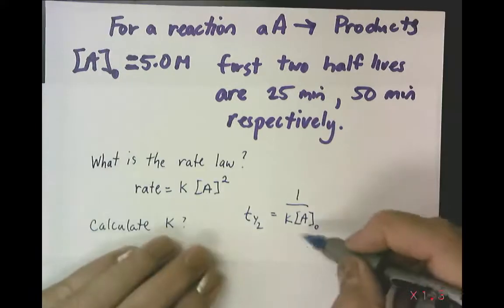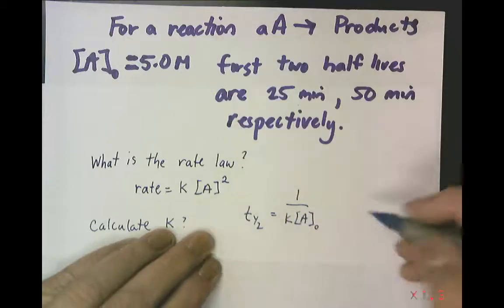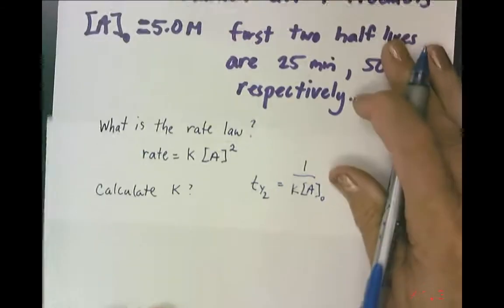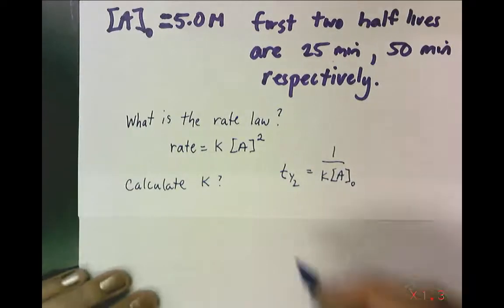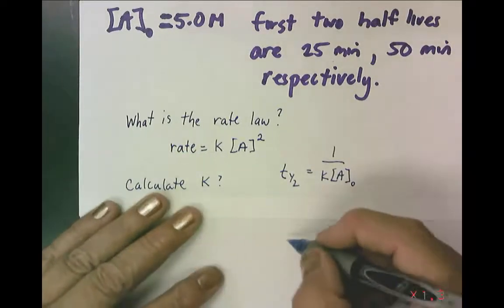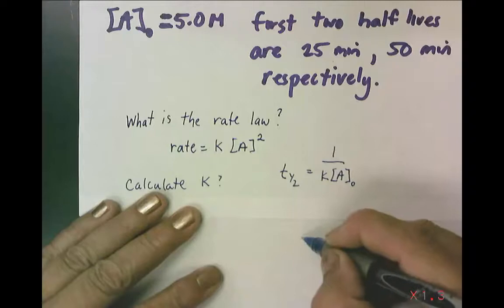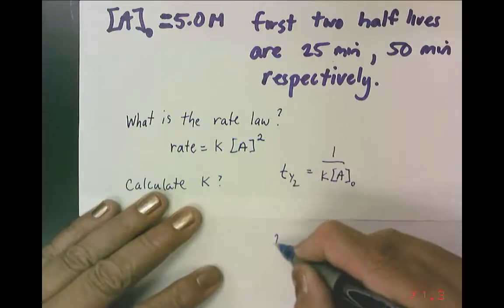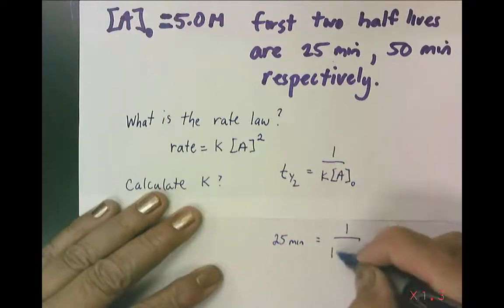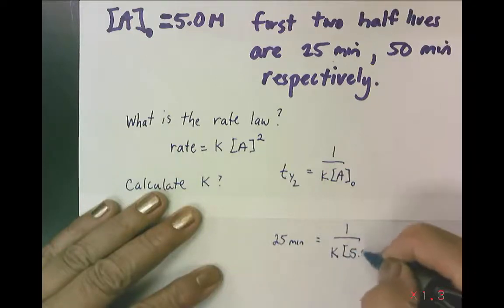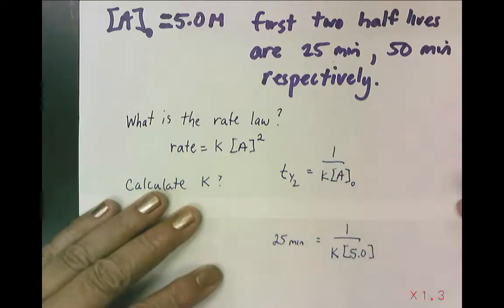25 and original concentration of 5. So we've got 25 minutes equals 1/K times 5.0 molar. Okay, we're trying to solve for K, right?